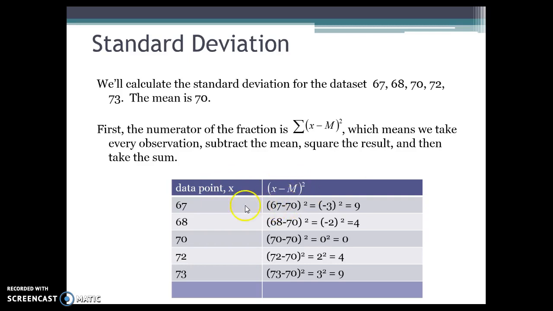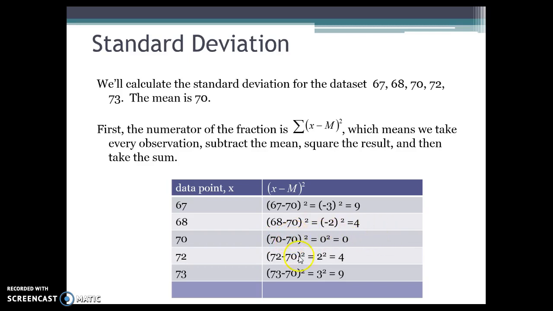So the mean was 70, so we take 67 minus 70 and square the result. So 67 minus 70 is -3. We square that and we get 9. 68 minus the mean is 70, so 68 minus 70 is -2. -2 squared gives you 4.